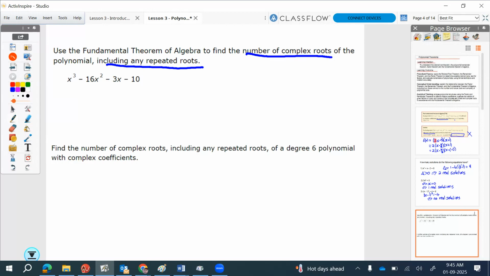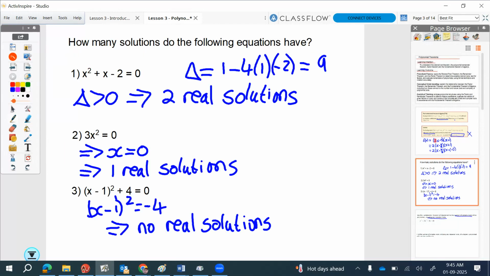So for instance, if we were to take the function f of x is equal to 3x squared, and we want to know how many complex roots it has, we could say it has the root x equal to 0, and that root has a multiplicity of 2, meaning it occurs twice. It would be a double root. That is a repeated root.